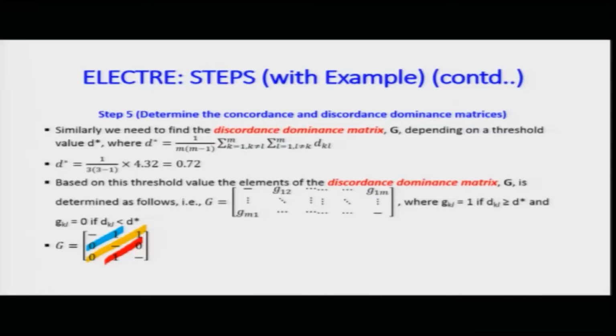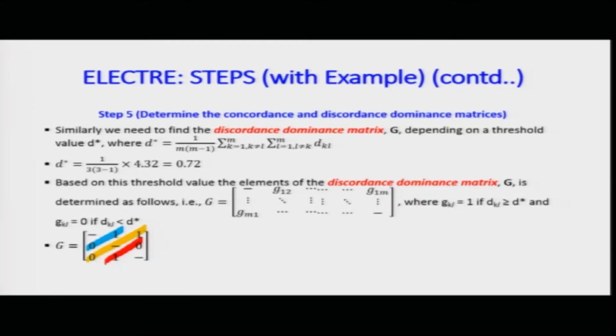When I compare, for example, A1 and A3, my level of unhappiness, discordance or disliking, is much higher if I take A1 and not A3. But if I take A3 and not A1, I am unhappy, but my level of unhappiness is not to that degree.